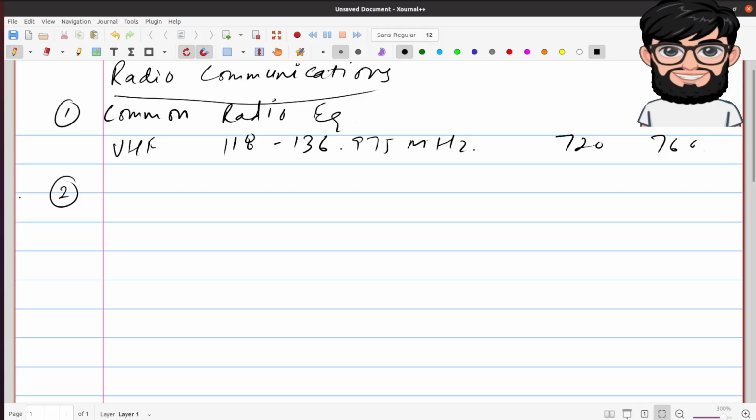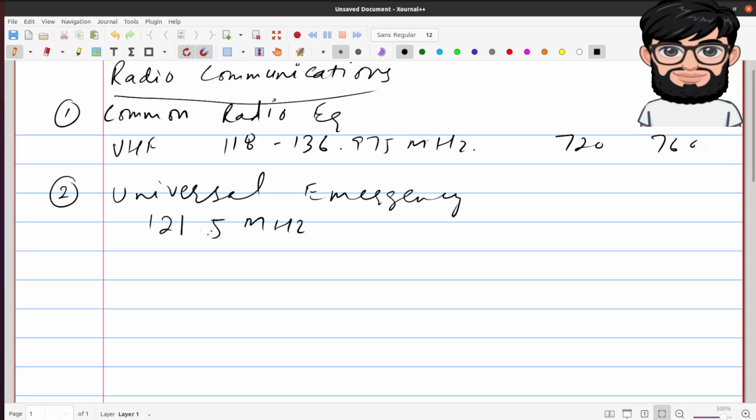Okay, what is the universal VHF emergency frequency? We should definitely know that one. So the frequency is 121.5 megahertz.